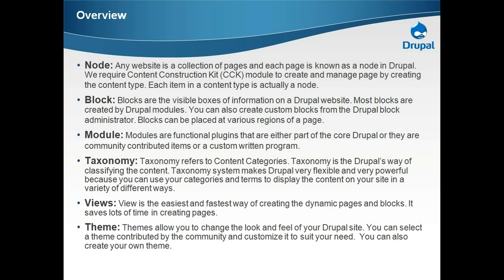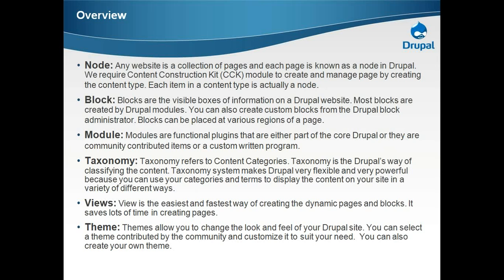Take the example of a table in database language: in a table, each row, each detail of the row, is known as a content item, a node. We'll come to know this when we actually work with the installer and then the website. So you can just imagine a node as a page. Node equals page. So that is a node.